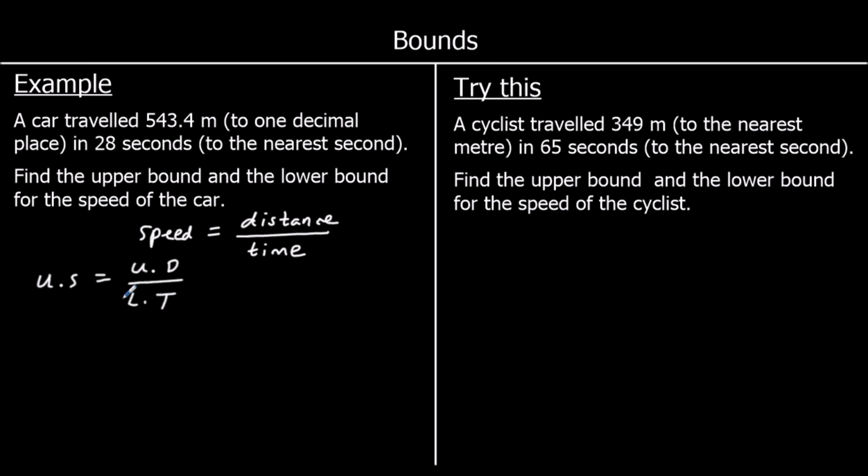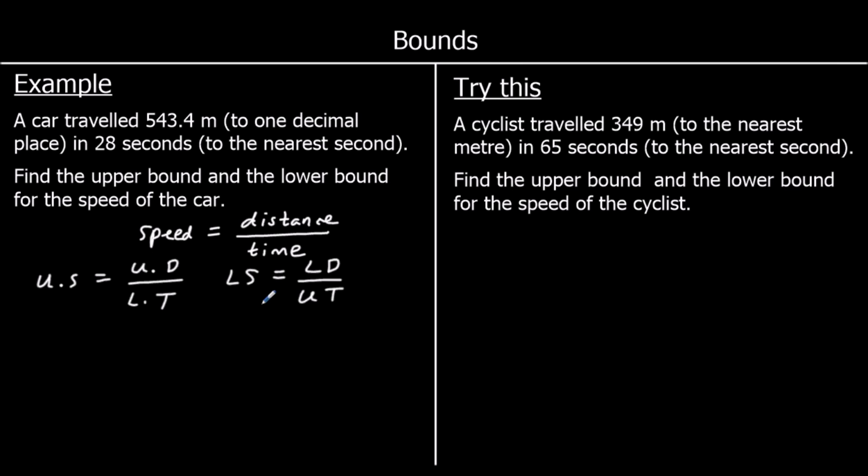So dividing by a smaller number is going to give us a bigger answer. And to find the lower speed, we're going to take the lowest distance and divide by the upper time. So dividing by a bigger number is going to give us a smaller answer.